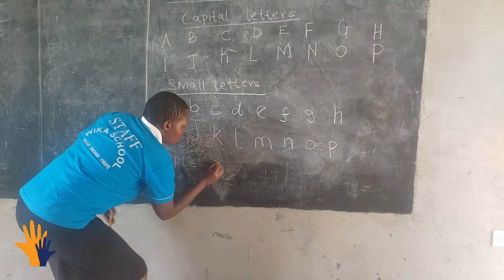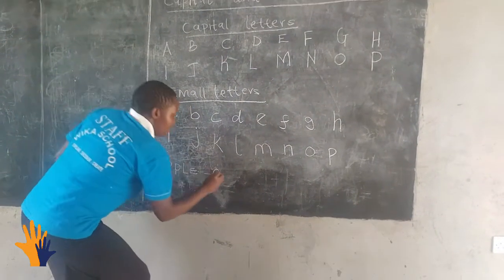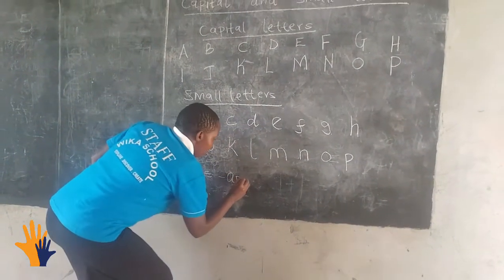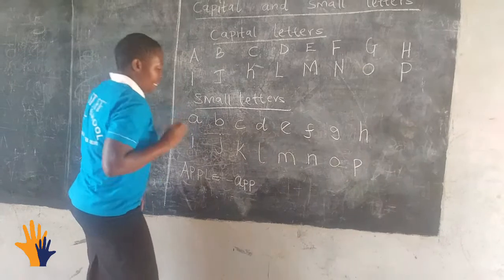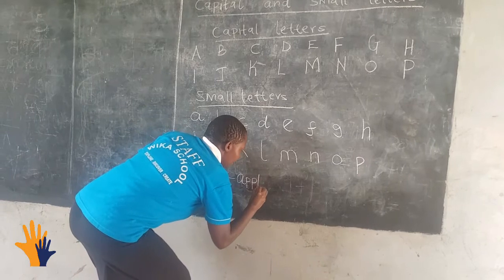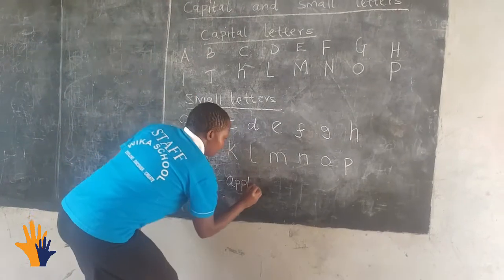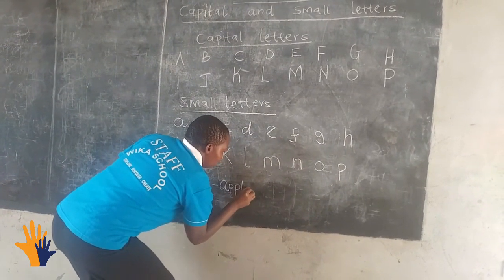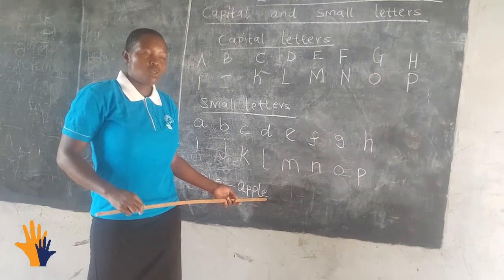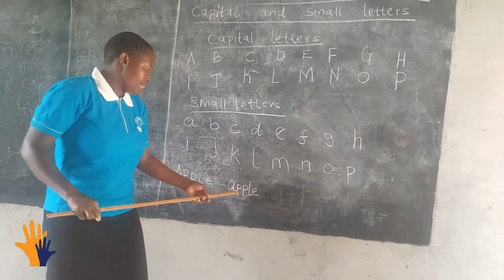We start with small letter A, which we also say it is sound A. And then small letter P, which we also say it is sound P. And then we also write again small letter P, also sound P. Then small letter L, also we say it is sound L. And then lastly we write small letter E, also called sound e. So we have written the word apple in small letters.